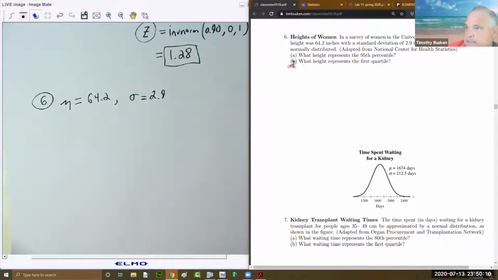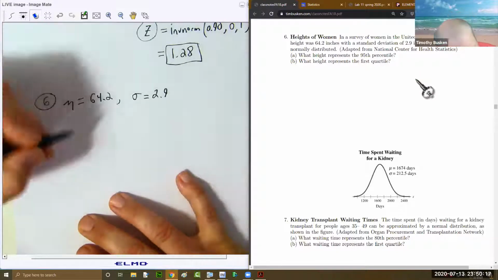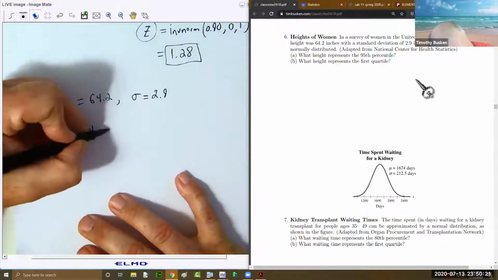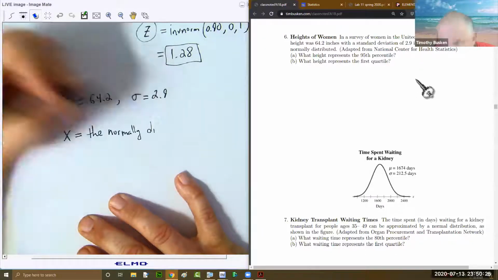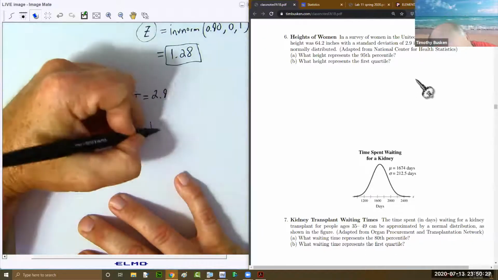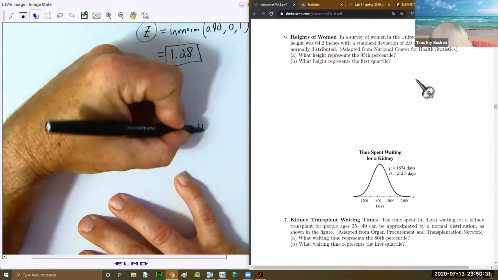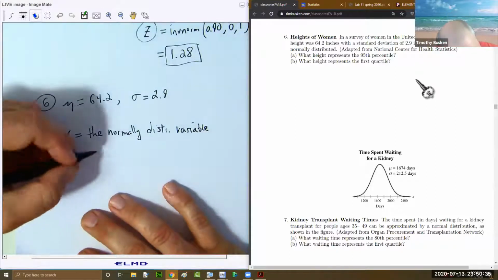Okay, so then there are two questions. What height represents the 90th percentile? Here, X is the normally distributed variable representing women's heights, and they're asking us to find an unknown value of height, or an unknown value of x.